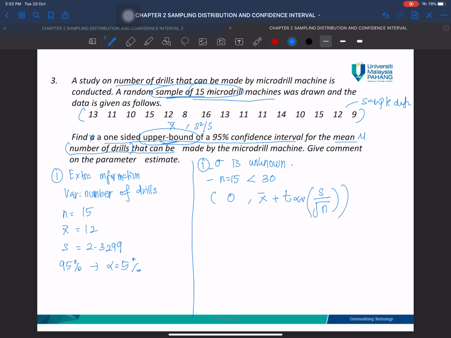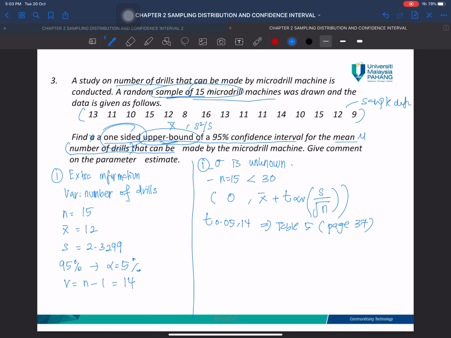Here nu is n minus 1, so we have 14. We have s already, we have n, we have x bar. So we find what is our distribution value. So t alpha 0.05, again no need to divide by 2 because it is one-sided, nu 14. So refer to your statistical table, Table 5, page 37.